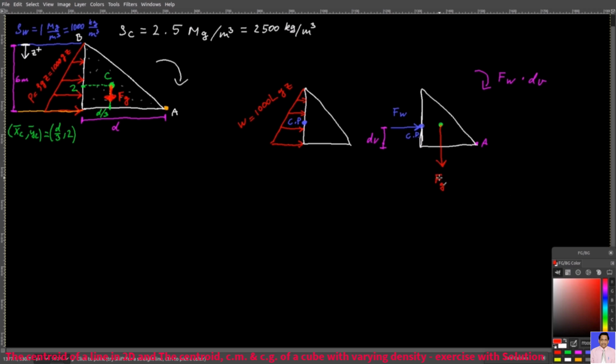However, this moment is countered by another moment in the opposite direction due to the force of gravity of the dam and its corresponding moment arm that we can call dH, so horizontal distance. It will be in this way, Fg times dH. And that's why we needed this Cg.